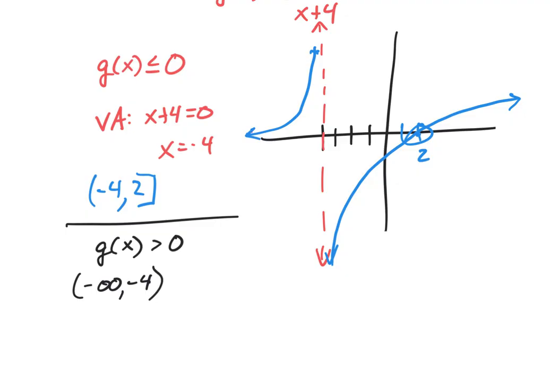Okay, and then it goes to the right of -4, and it stays negative until it gets to 2, and then after 2, it goes positive again, right? And so then we're going to put this little symbol in here, and we're going to say everything to the right of 2 to infinity. That's why the inequality is so important, right? These are 2 completely different answers based on if we're talking about positive or negative values. And then you've got to worry about the plus or the equal to sign as well.